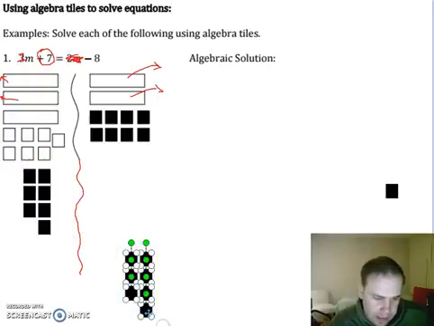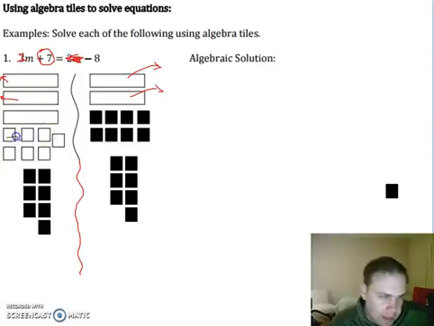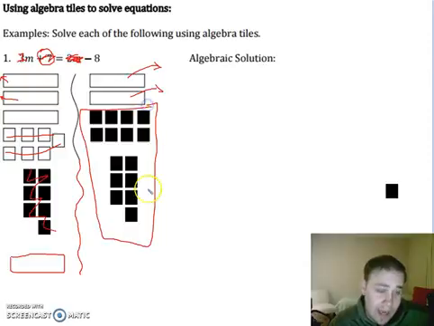But if I did that, I would also have to add it to the right. So therefore, these all cancel each other out. So I'm solely just left with the rectangle for m, and that would equal this amount here, which is negative 15.